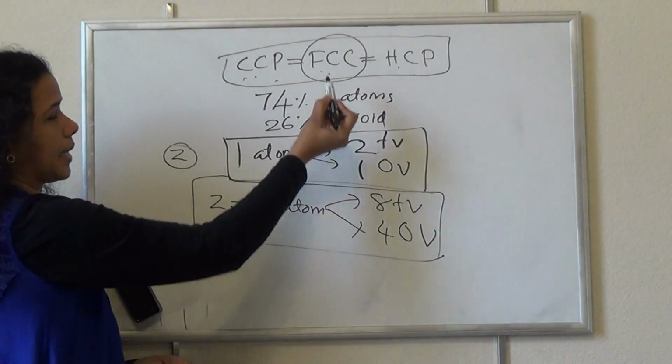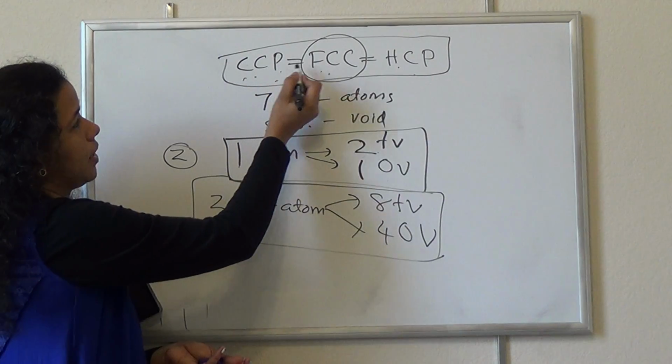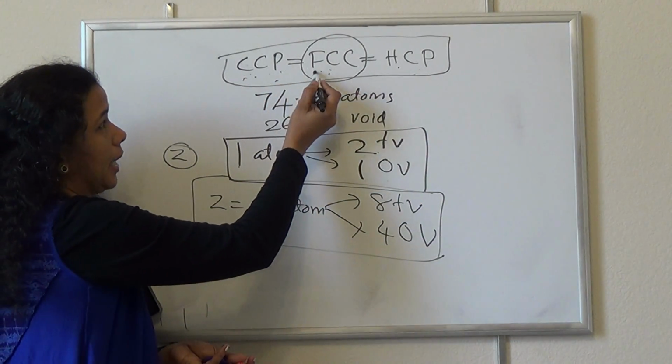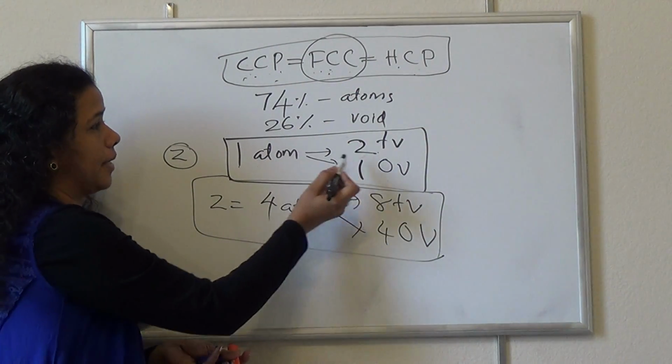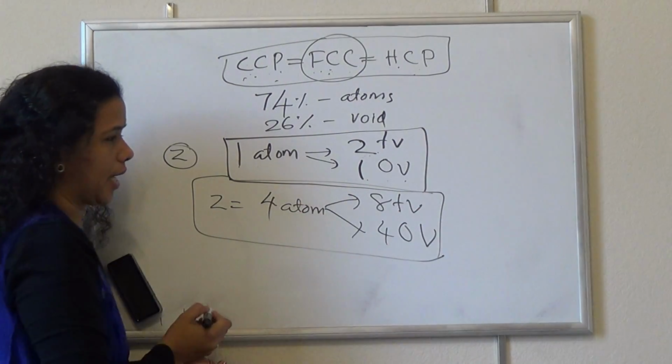In close packed structure, you have to memorize that all these are the same: cubic close packing, FCC or HCP. In all these arrangements, per atom there will be 2 tetrahedral voids and 1 octahedral void.